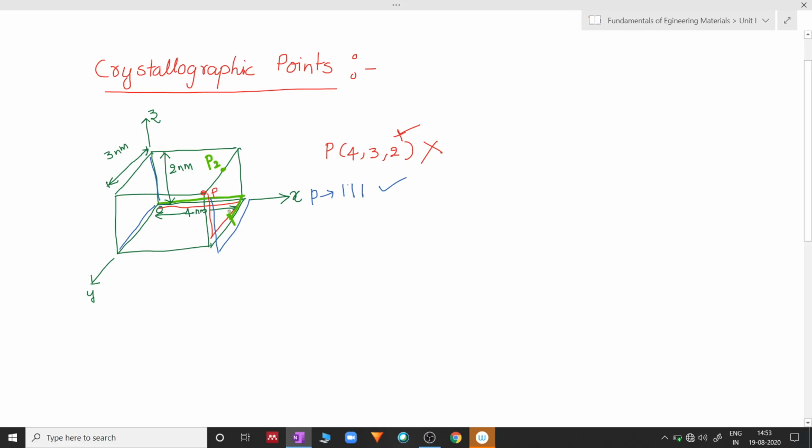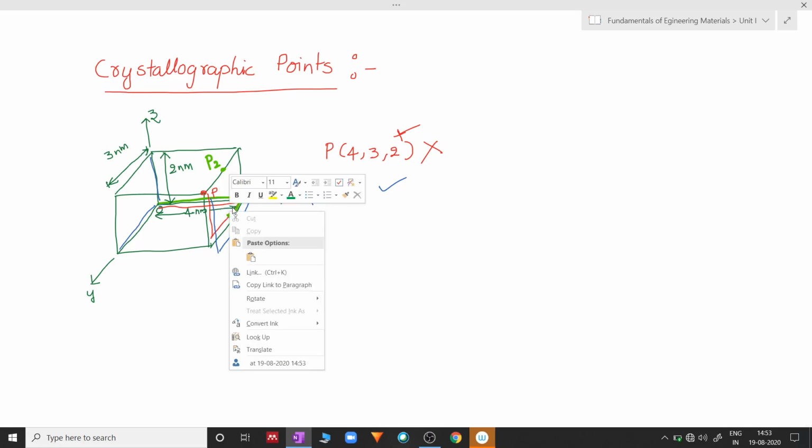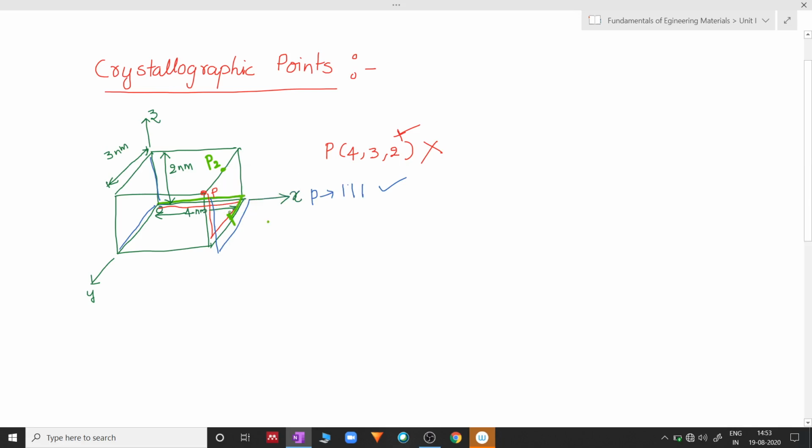Then next I need to move in the z direction 1 unit. It means 1 unit in the x direction, half unit in the y direction, and 1 unit in the z direction. So this is how we represent the crystallographic points.